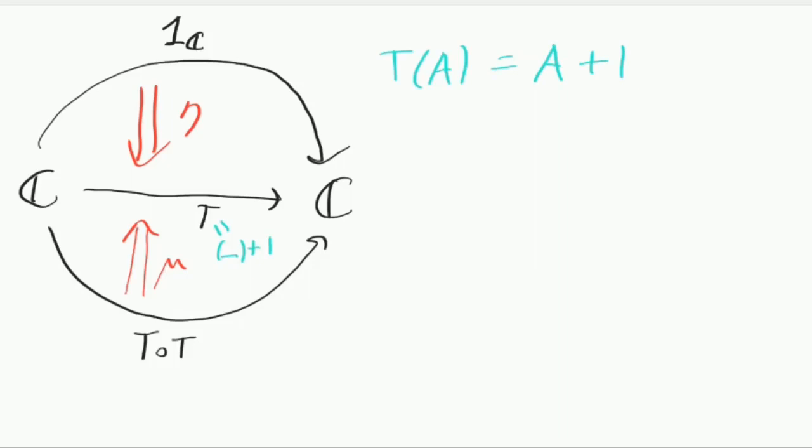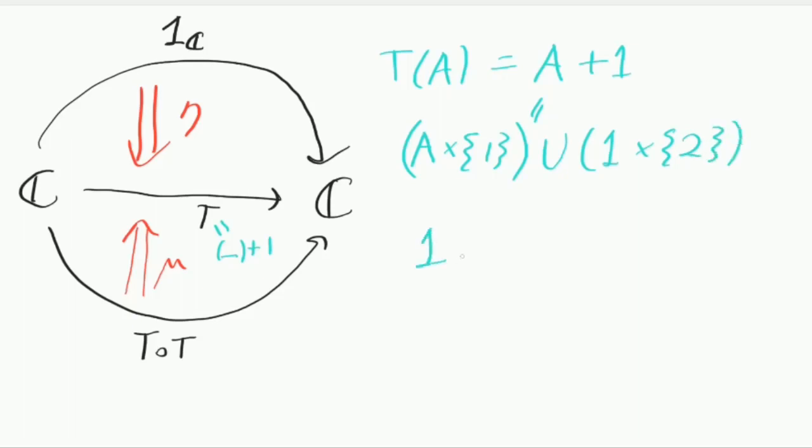So again, if we're working in the category Set, then what set would this be? Well, it would be the tagged union, where we're tagging A with a 1, and we're doing the union of that with our terminal object tagged with a 2.